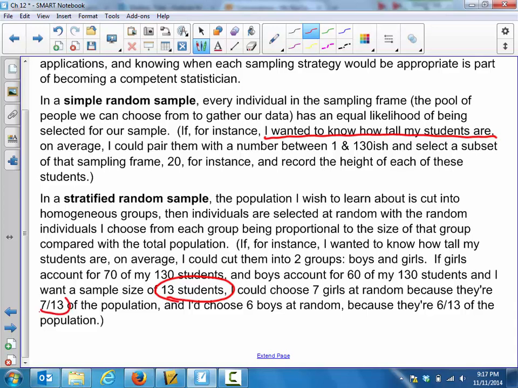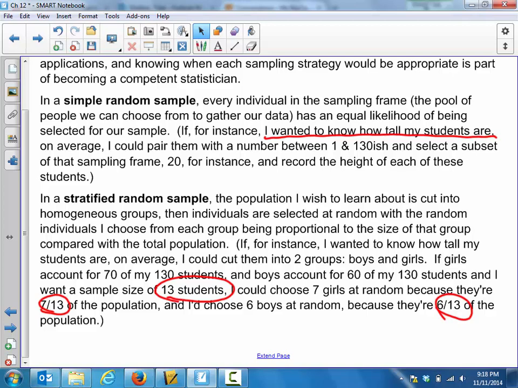And so I've cut my sample size of 13 into two ratios, where those ratios keep the proportion of boys and girls in the population. Keep the proportion of 7/13 for girls and 6/13 for boys. Okay?